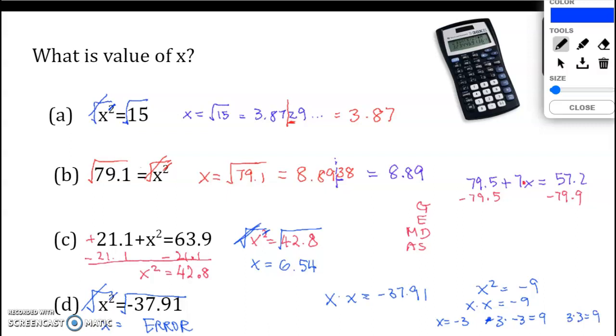So can I ever get negative 9 as a result of multiplying a number by itself? No, it's not possible. That is the reason you get an error message. It has to always be positive. Later on in IM2, you are going to learn about complex numbers, where it is actually possible to get the square root of a negative number, but that's a whole other story. That's something to look forward to in IM2.